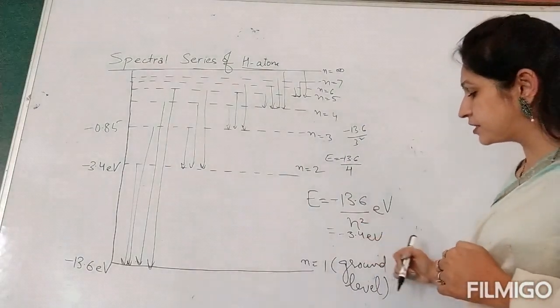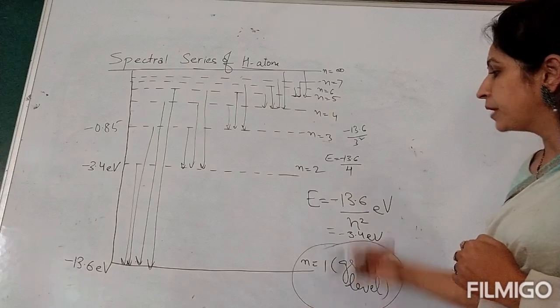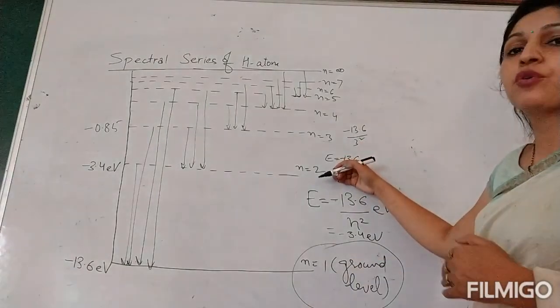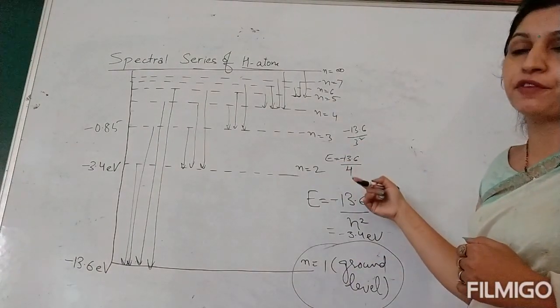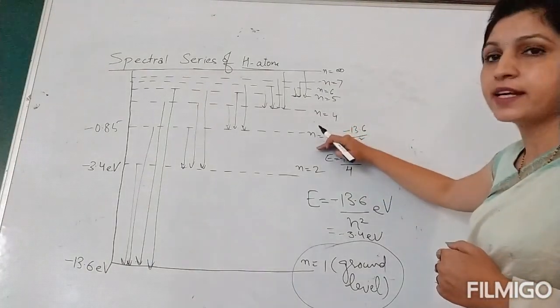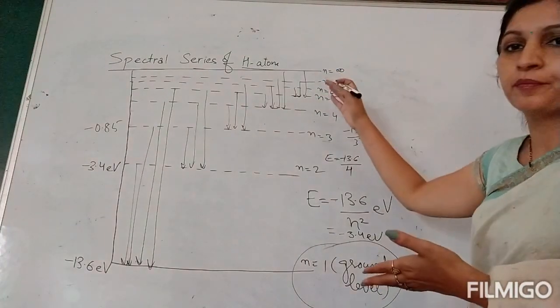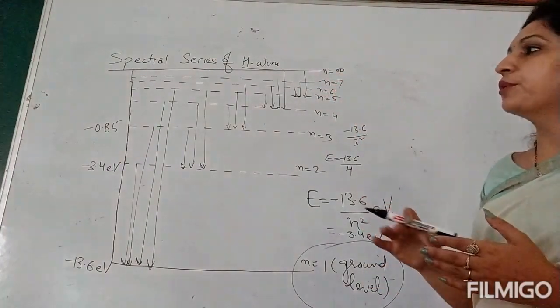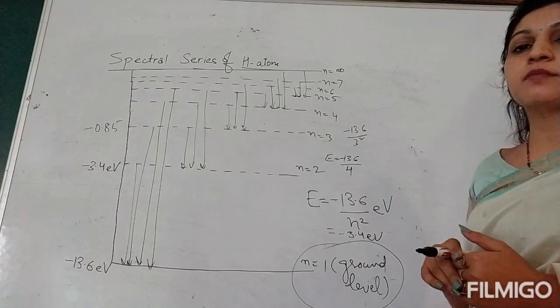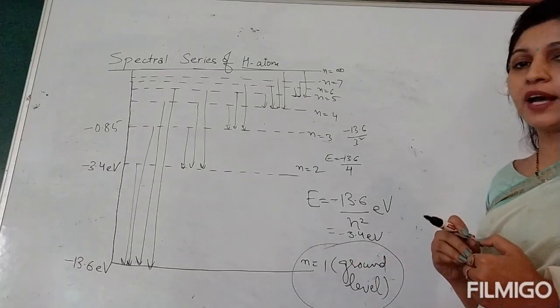Now I have written here that this is the ground state for the hydrogen atom. Then n equals 2 is called the first excited state, and n equals 3 is called the second excited state. Similarly, third excited state, fourth excited state, and so on. Next there are certain terms like excitation potential or excitation energy that you may want to calculate.